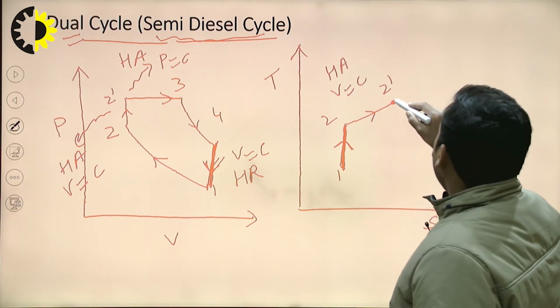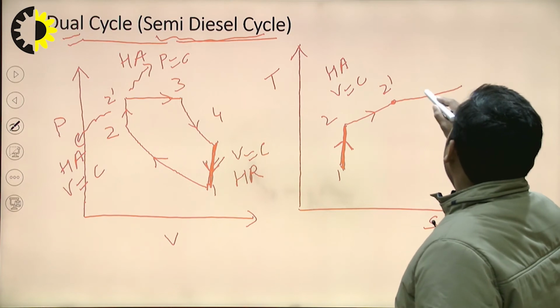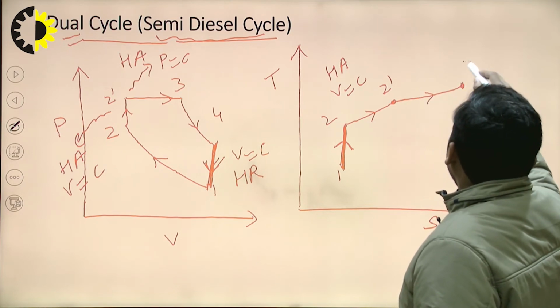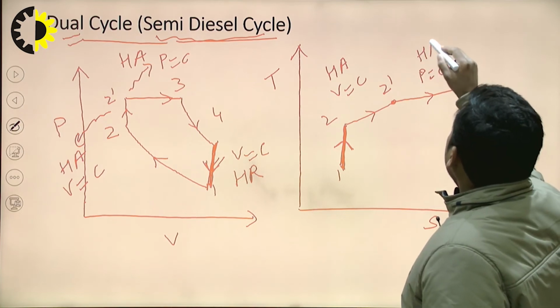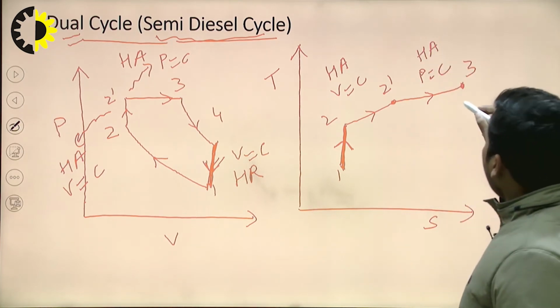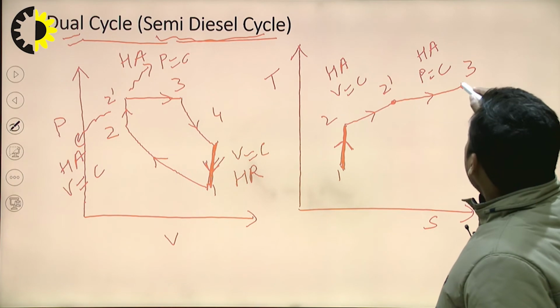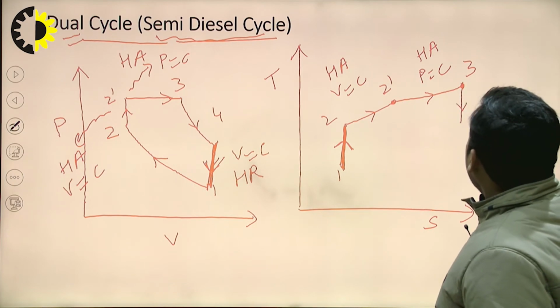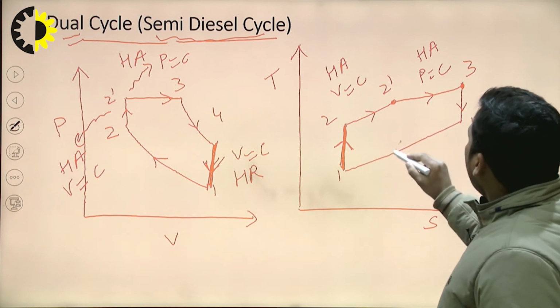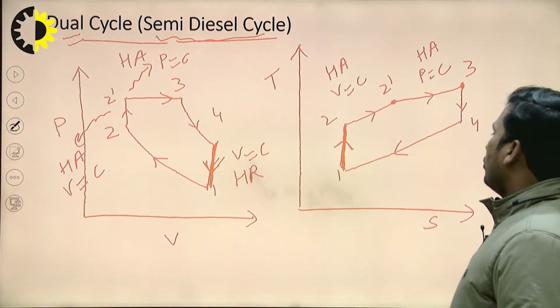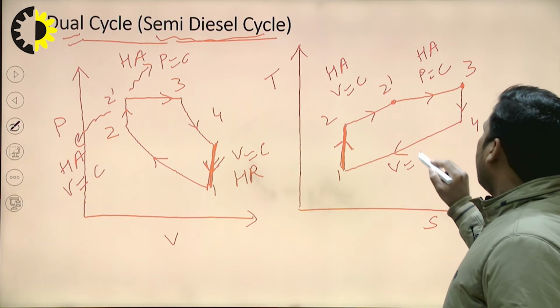Process 2 dash to 3 is constant pressure heat addition process, and process 3 to 4 is isentropic expansion process, and process 4 to 1 is constant volume heat rejection process.